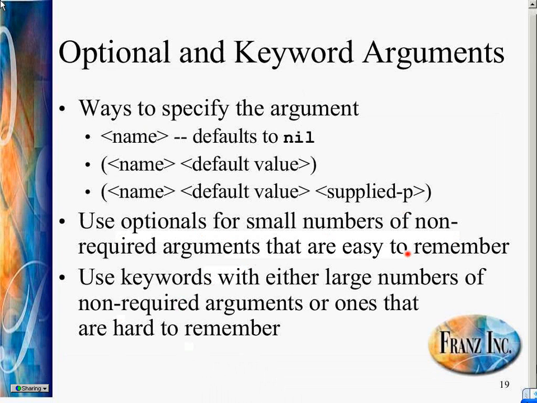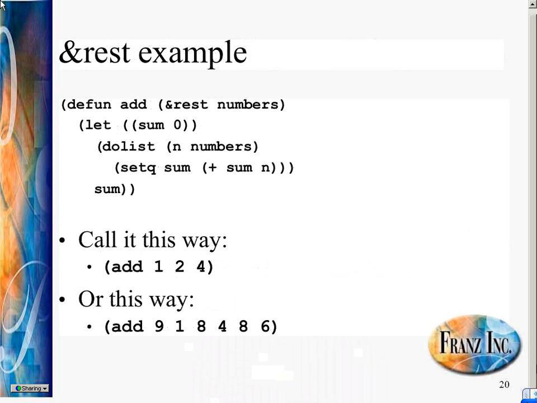Optional: a small number of non-required arguments that are easy to remember. Keyword arguments: a large number of non-required arguments, or ones that are hard to remember. And as I say, really the practical maximum for optional arguments is 3, possibly 4, but you have to start asking yourself why you're not using keyword arguments at that point.